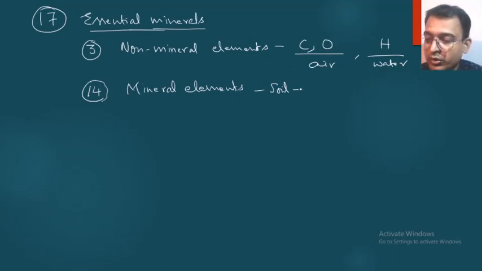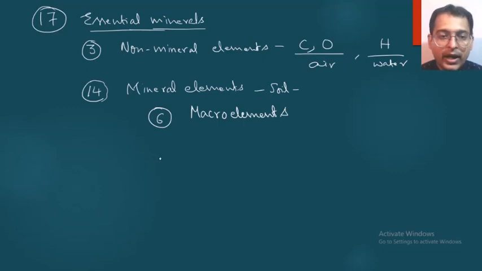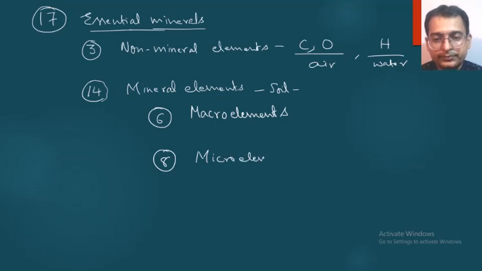So what are the examples? There are 2 types of mineral elements. 6 of them are known as macro elements and 8 of them are known as micro elements or trace elements.